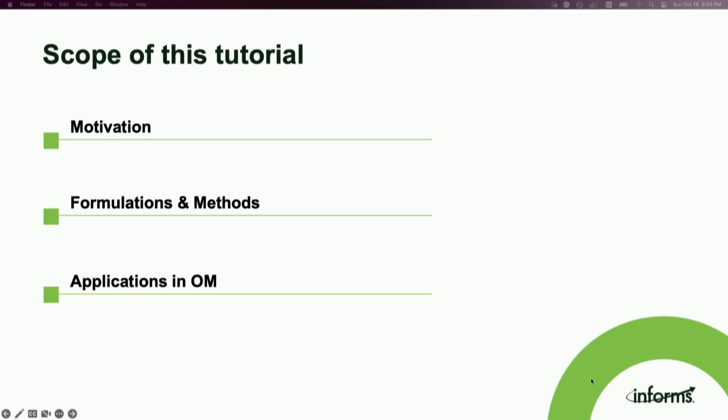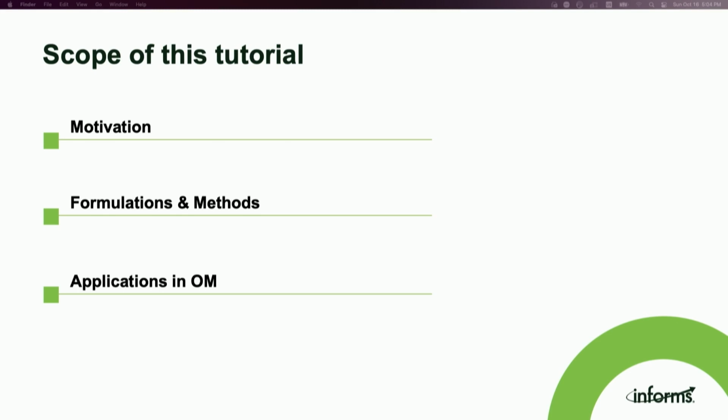So what is the scope of this tutorial? I will start with my motivation and explain why jointly considering prediction and optimization might be a good idea. I will also introduce some preliminary concepts related to this topic. In the second part, I will introduce some representative methods that effectively conduct this idea. In this part, I will focus mostly on the formulation rather than dive deep into the detailed proof techniques.